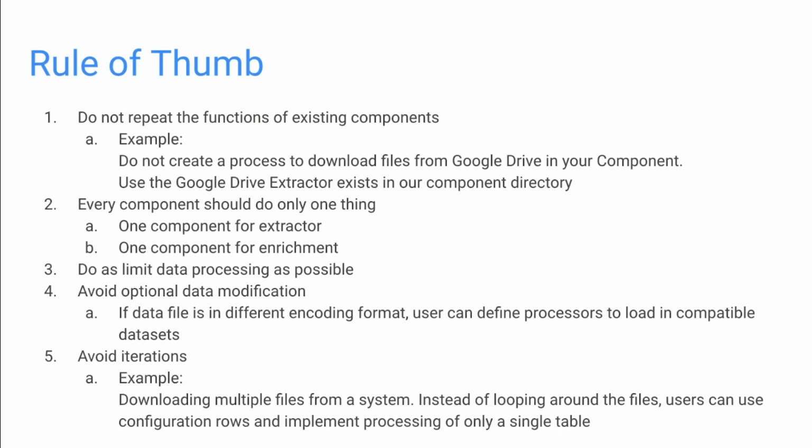For example, downloading multiple files from one system. Instead of looping the whole folder to get all the files, users can just use configuration rules to implement the processing of only a single table. Details will be in the later slides.